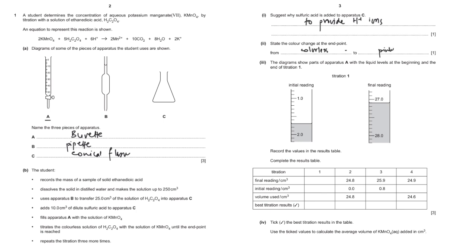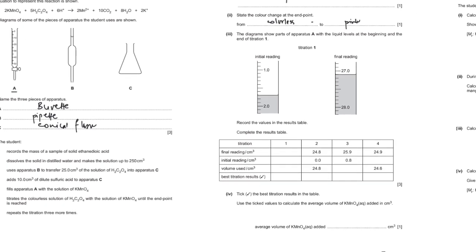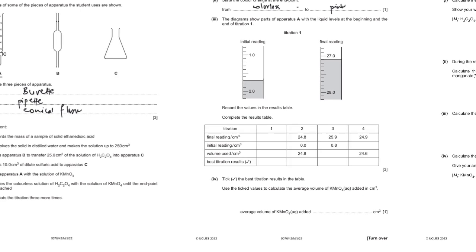Okay, now this titration 1 is being shown here. You need to plug in the readings. Titration number 1. Initial reading is 1.7. Final reading is 27.1.